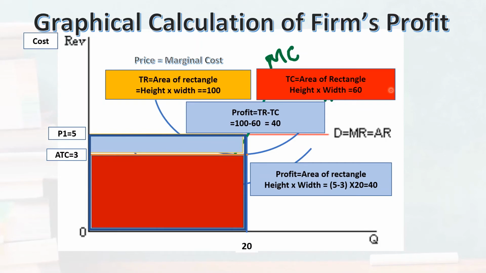So it gives you a profit of 40, which is the same as you determined by using the difference between total revenue and total cost. I hope you have understood clearly how we can calculate profit, total cost, and total revenue by using the information given in the graph.